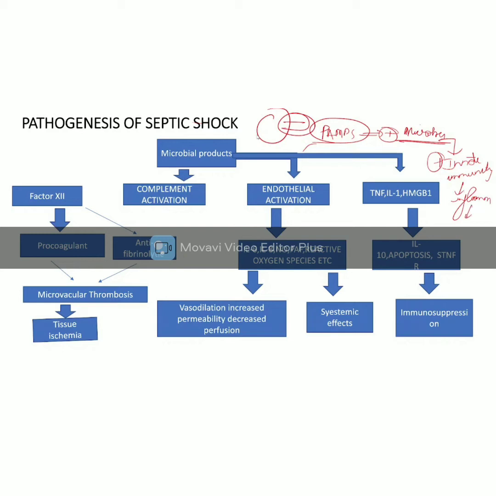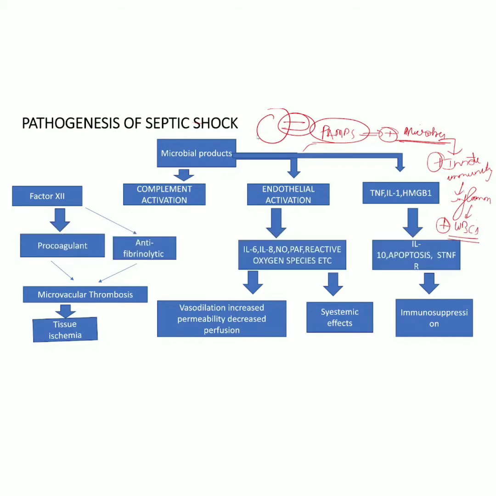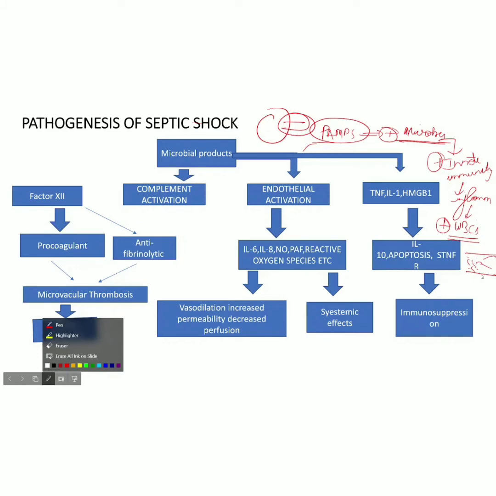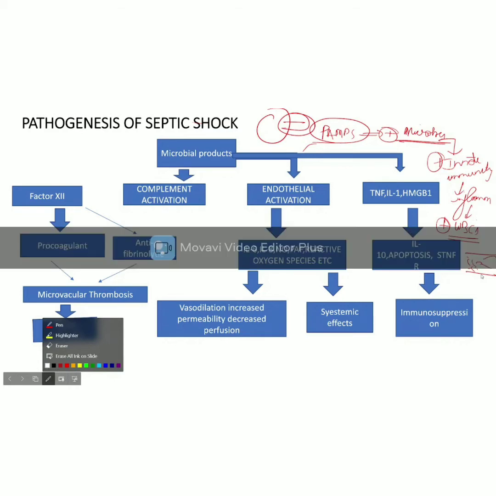WBCs come from all the places to the place where microbes are present, and they release all the inflammatory mediators like tumor necrosis factor, interleukin 1, etc. When all these factors are released, there is hyperinflammation.